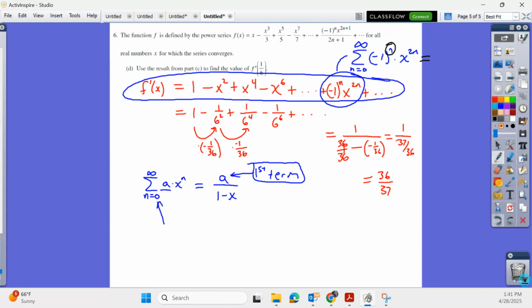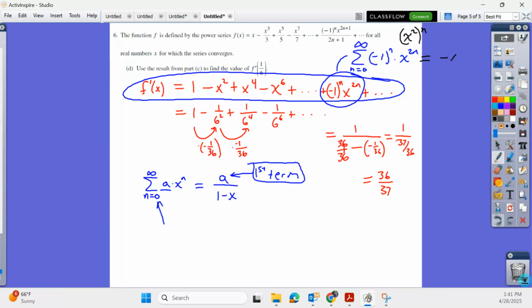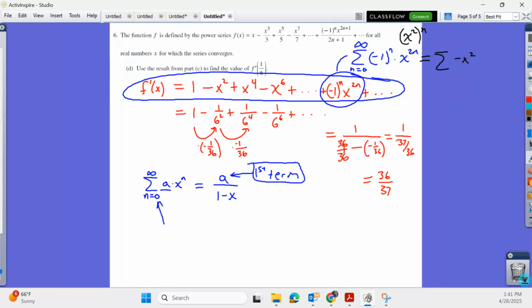So let's make them the same. I can make that x to the second to the n, which is the same thing as x to the 2n. And so I can write this as the summation of negative x squared to the n, because negative 1 to the n times x squared to the n, you can multiply the insides and keep that power. Again, from n equals 0 to infinity.